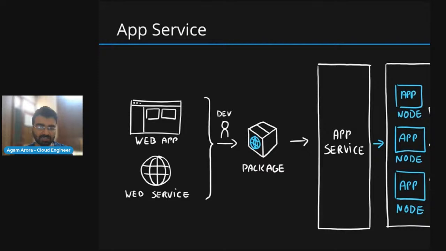We go to the app service in the Azure portal, and from there we can create nodes, and then we can expose that application on the internet. So we can create multiple nodes of that application, so that in case there is an issue, or a dependency, or some problem, if one app node is not working, it can jump onto the second one.